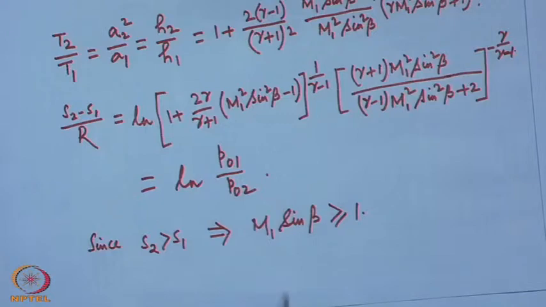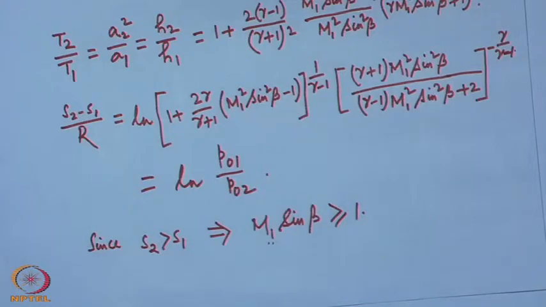And of course, this sets a limit, or a minimum value, for the wave inclination for a given free stream or upstream Mach number M1. There is a minimum value of beta which is possible.